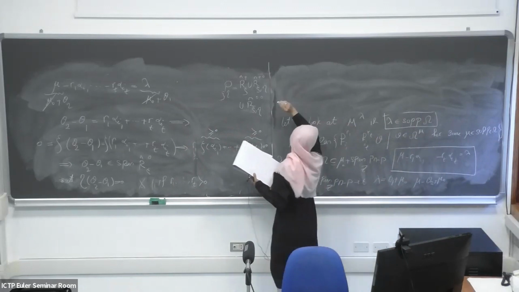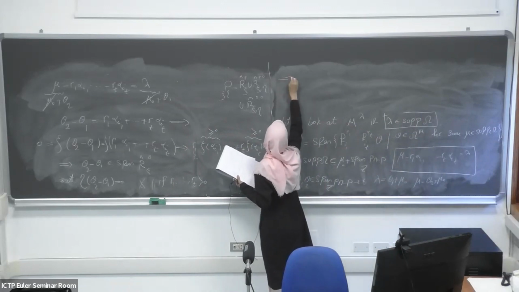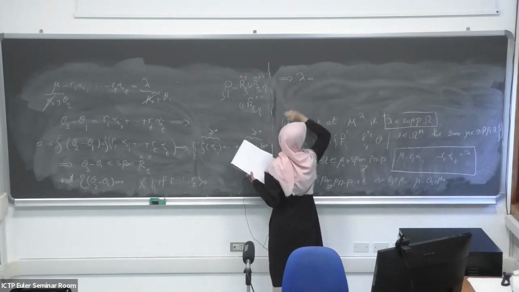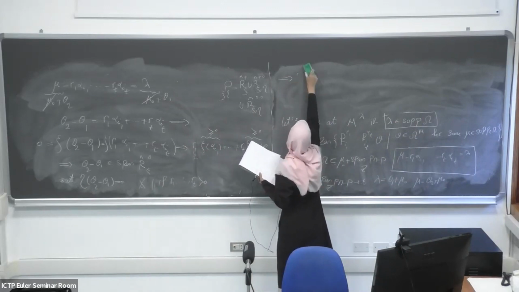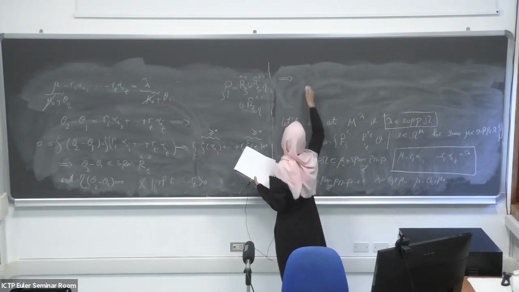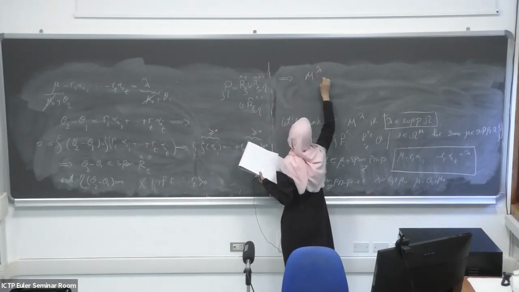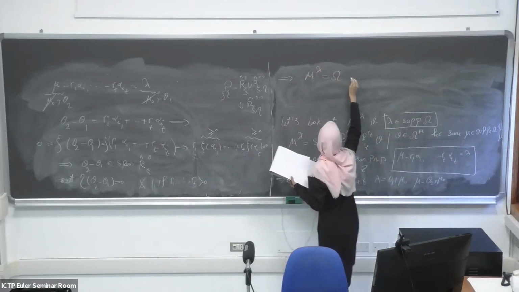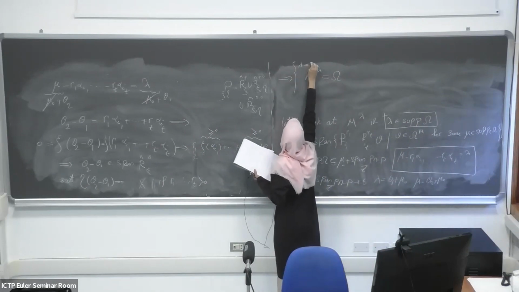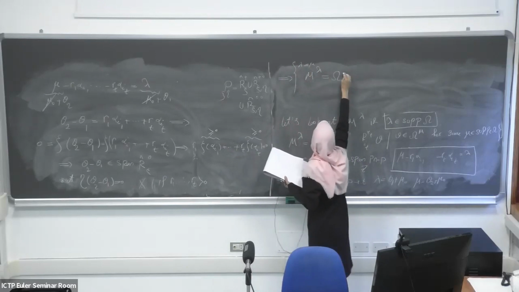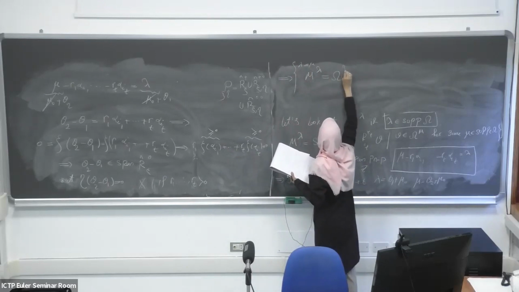So we get that lambda equals mu. Yes, we get that m lambda is exactly omega lambda.